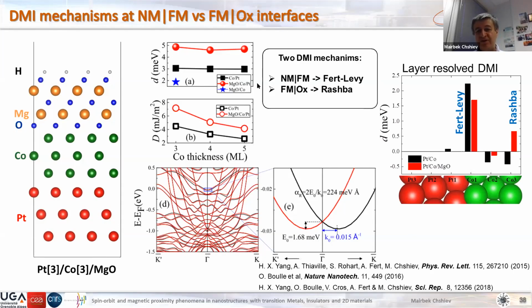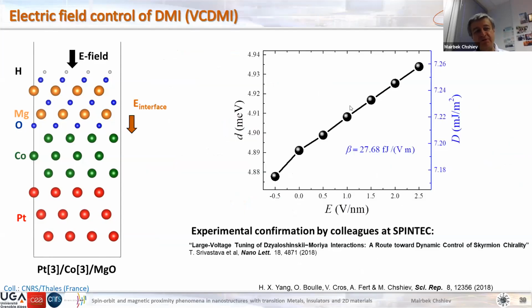So let's move. What about electric field control of a DMI, voltage control of DMI? And we actually calculated that. Again, here we were not the first experimentally. The group in Osaka already experimentally observed that the DMI could be controlled by electric field.